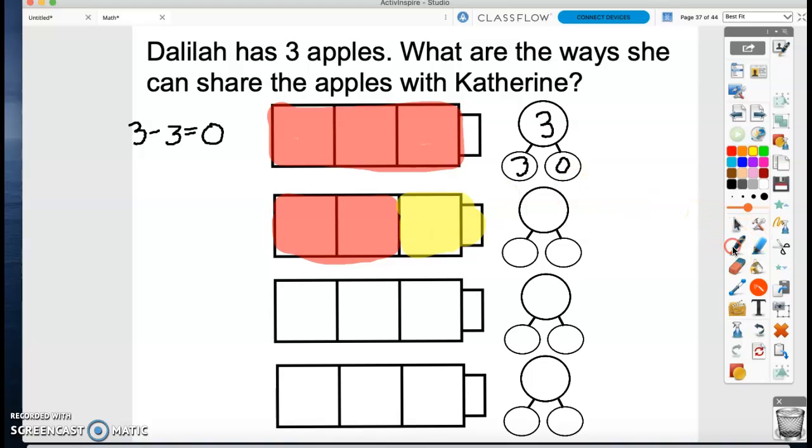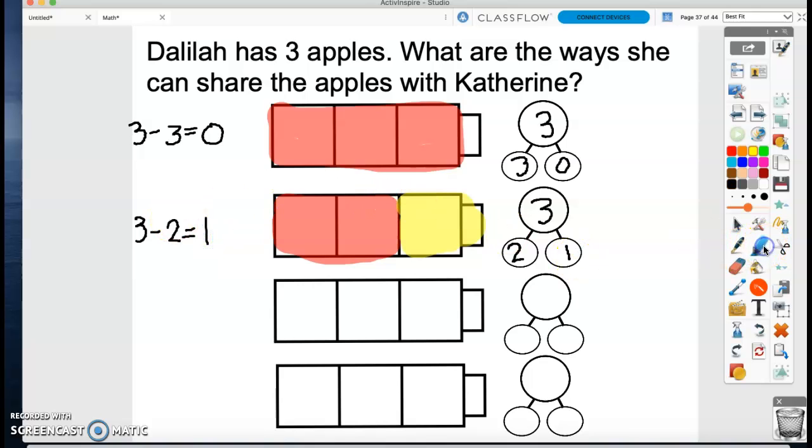So our number bond would look like this. We still have 3 apples altogether. Delilah would get 2 and Catherine would get 1. So our number sentence would look like this: 3 minus 2 equals 1.